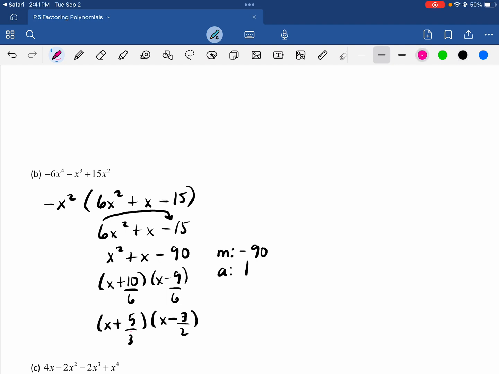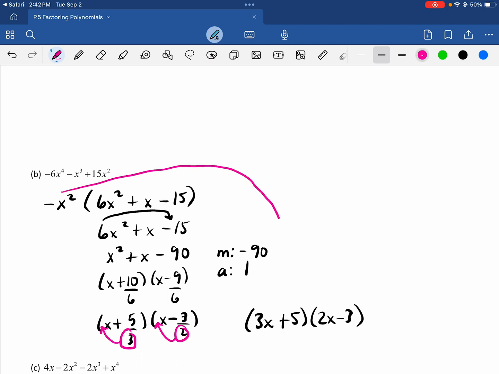And then I will do bottoms up. So we will end up with 3x plus 5 and 2x minus 3. And then I can't forget that we had that GCF to start with, so I have to bring it around and slap it in front of those 2 to get my completely factored answer.